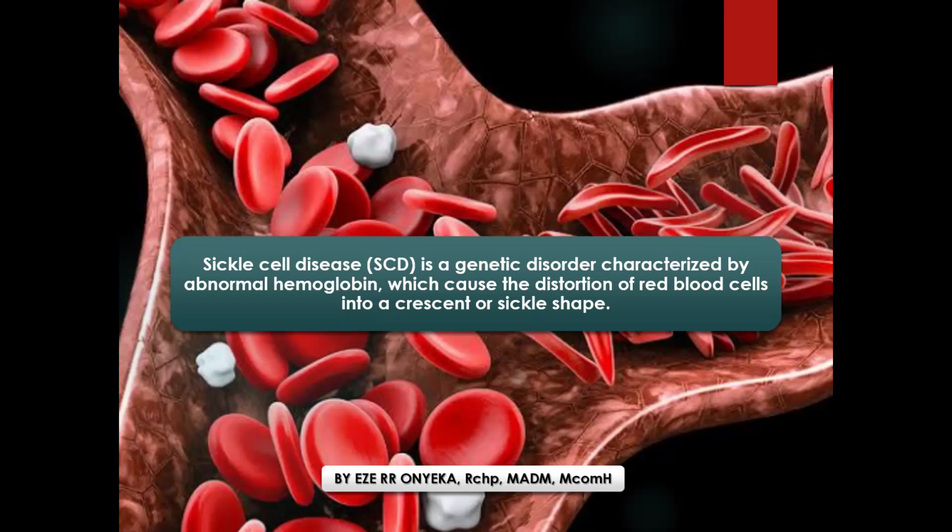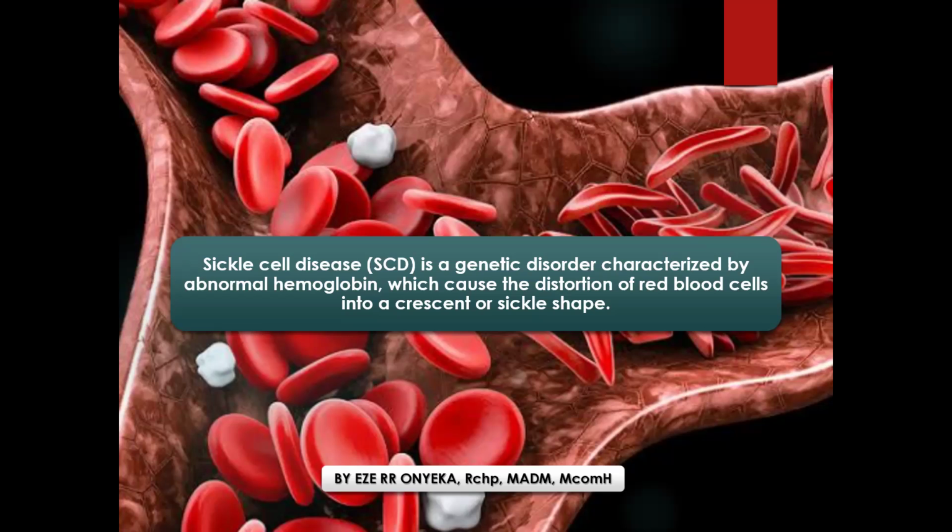in sickle cell anemia or in sickle cell disease, the problem is that there is a single change in the amino acid sequence of the beta chain of the hemoglobin.